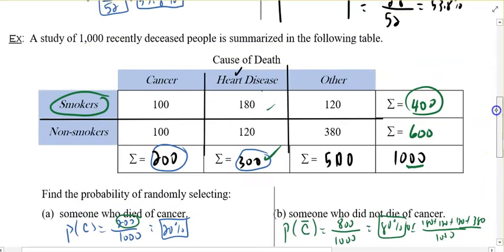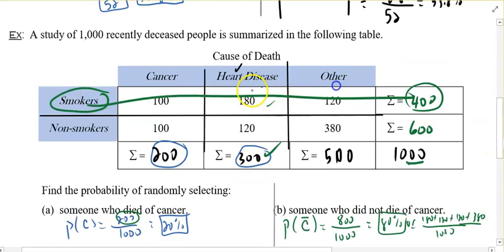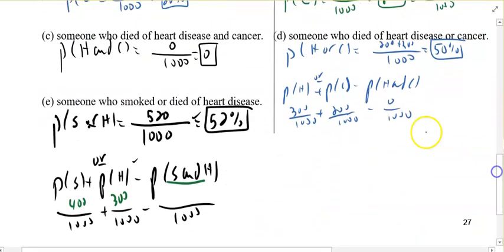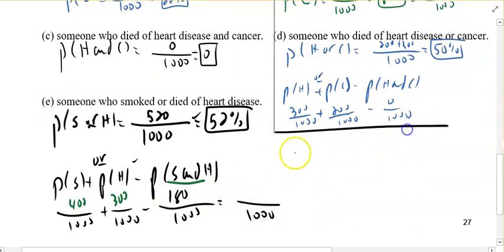Smoker and heart disease. That's 180. There's 180 that I counted twice. And if you plug this in a calculator, you will get 700 minus 180, which is 520. And there it is.